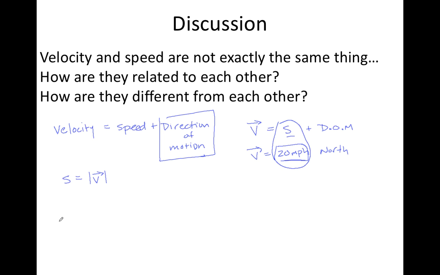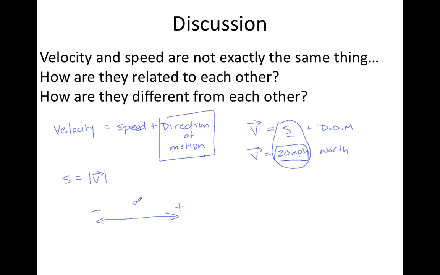And as a brief reminder, when we're discussing just one-dimensional motion, an object moving in either a positive or in a negative direction, we can indicate a direction with the plus or a minus sign.